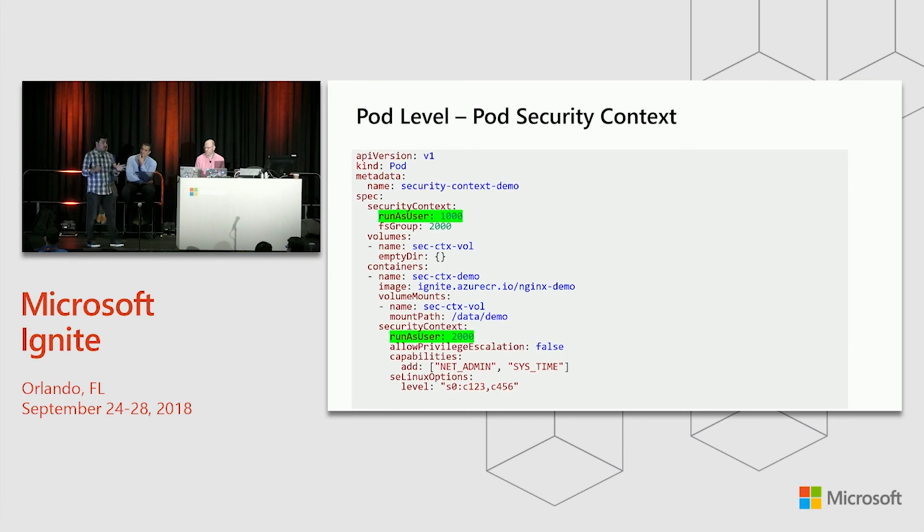So by a show of hands, and also just to check if you're still with me, who thinks the processes within that container are going to run as user 1,000? Are you just afraid, or do you really know the answer? It's actually going to run as 2,000, because the container security context is the one that takes precedence. So it's going to run as 2,000, all right?